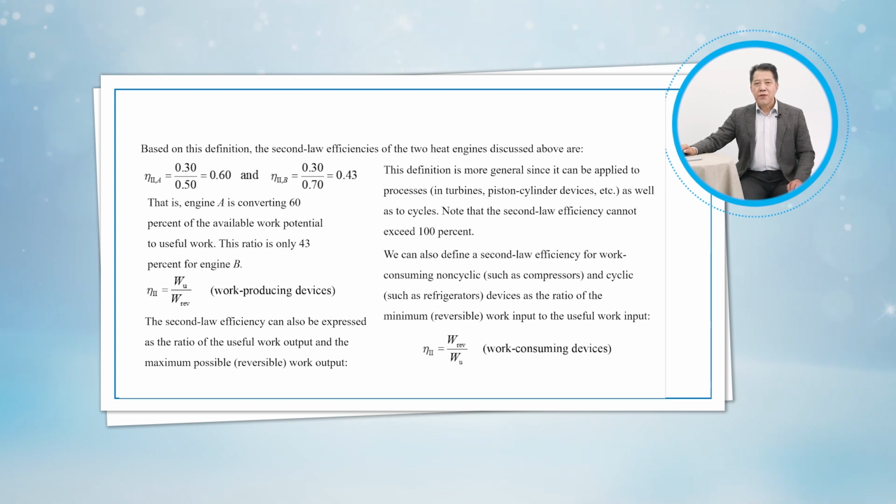We can also define a second law efficiency for work-consuming non-cyclic and cyclic devices as the ratio of the minimum work input to the useful work input.